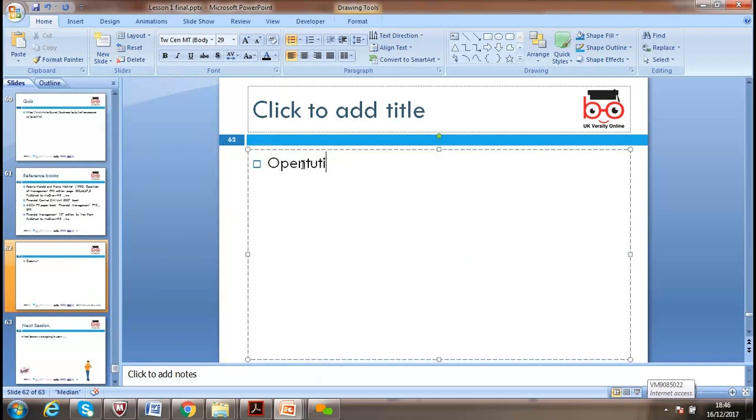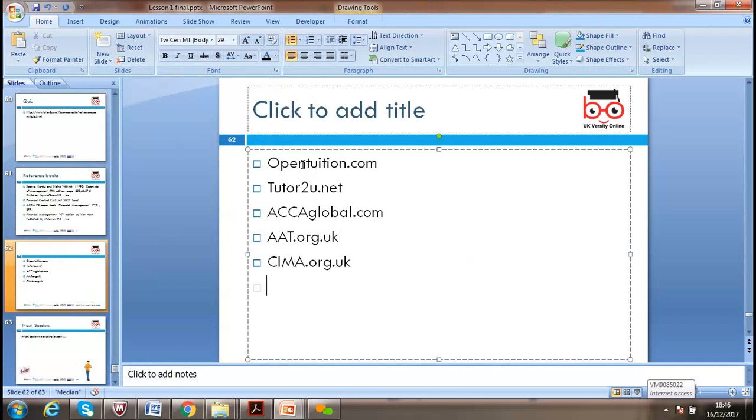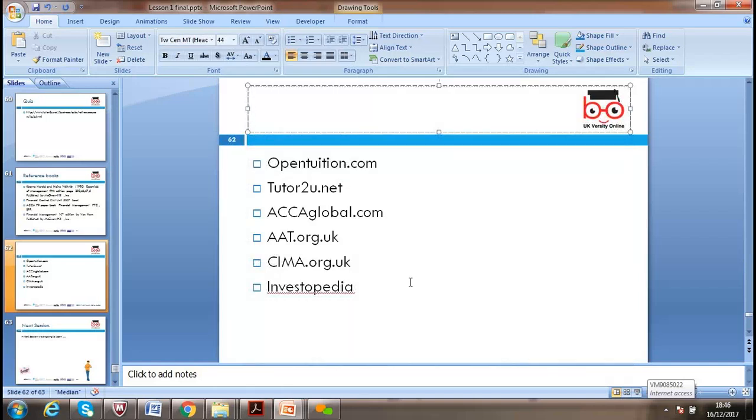Others are tutor2u.net, at.org.uk, cim.org.uk. Those sites are quite useful. Another is Investopedia.com, which is not proper academia, but these are websites you can use, which are quite good, like when you're writing about the purpose of accounting and things.